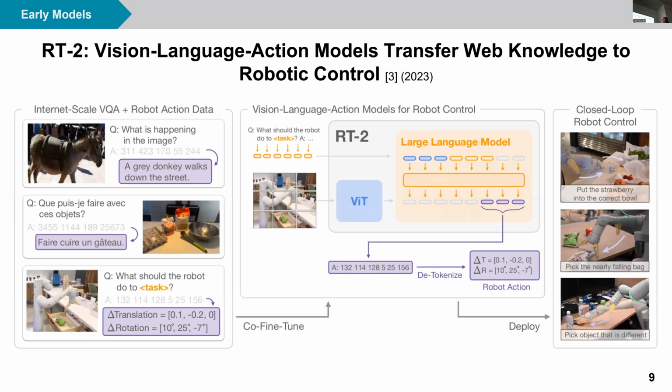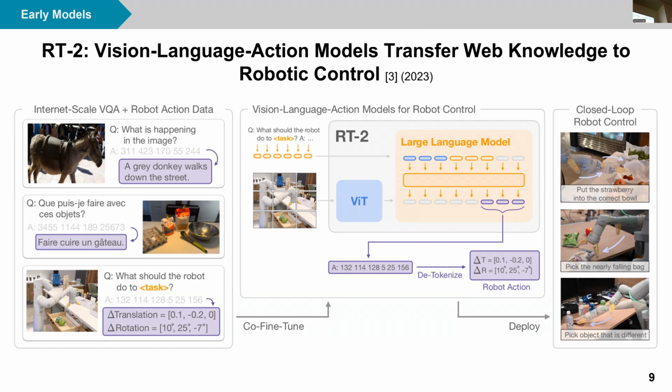And so they come up with kind of the next level after RT1, which is RT2. This is vision language action models, transfer web knowledge to robotic control. And with this model, they're able to take internet scale visual question and answer data sets and add that to the robot action data that they've collected through teleoperation.